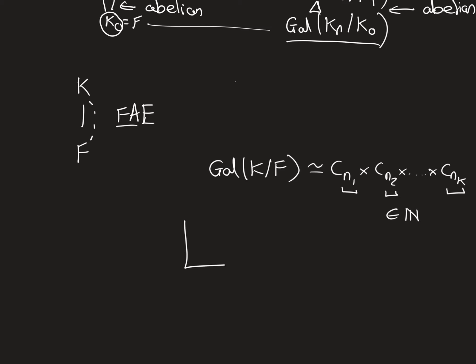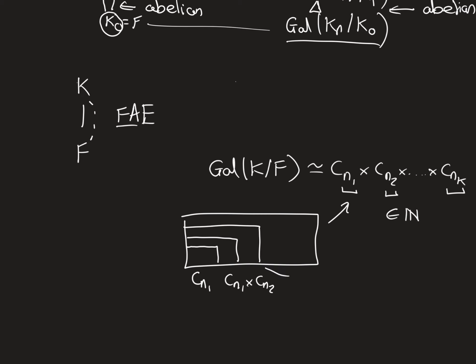If you have your group, which is this product of cyclic groups, you can now take the subgroup Cn1, and you can then take the subgroup Cn1 cross Cn2, and you can then go higher to the subgroup Cn1 cross Cn2 cross Cn3, and you can keep going all the way up to the whole thing.